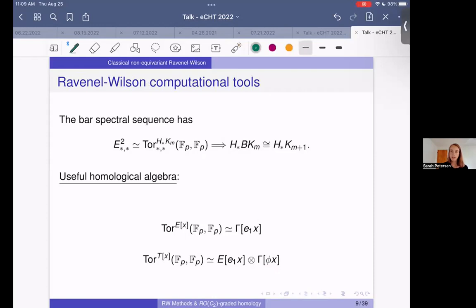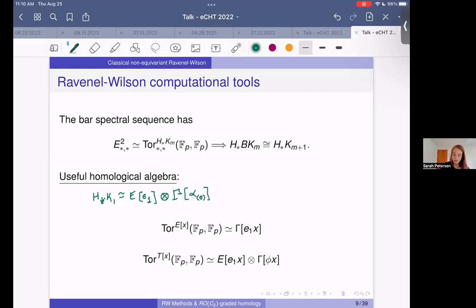So something that's helpful to recall here is the homology of the first Eilenberg-MacLane space. So in the case that we're at the prime 2, this is RP infinity, and then at odd primes, this is a lens space. And this homology is exterior on a generator in degree 1, tensor with divided power algebra on a generator in degree 2.